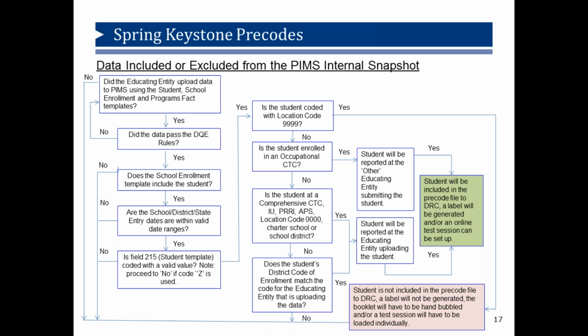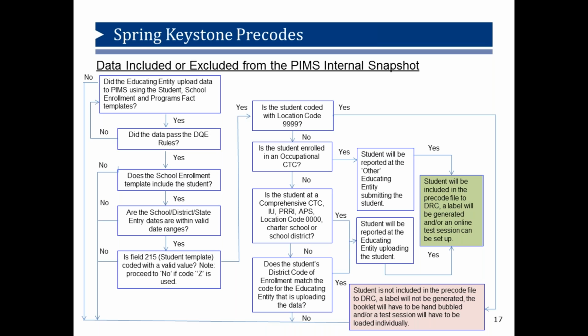If you are the educating entity and you want to receive precode labels, you must upload the student with your district code of enrollment that designates you as the educating entity. This is extremely important.